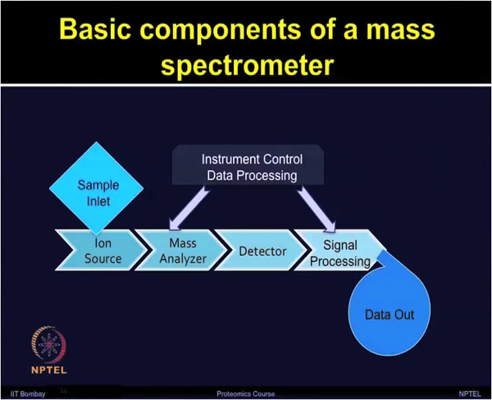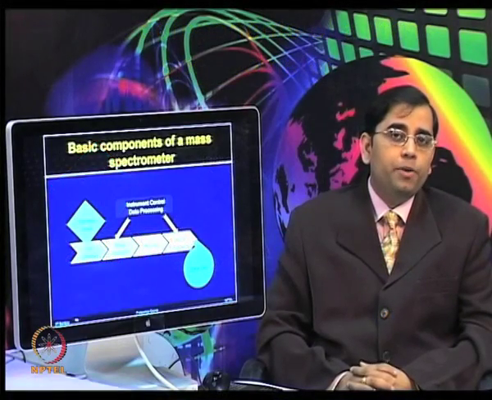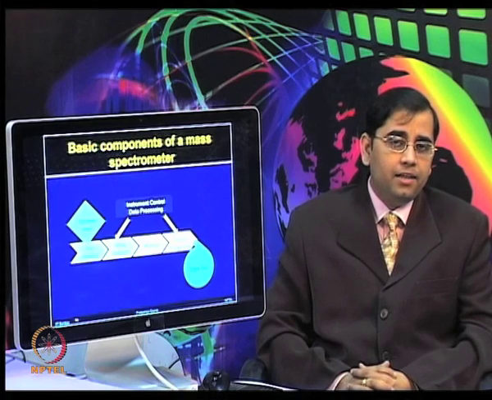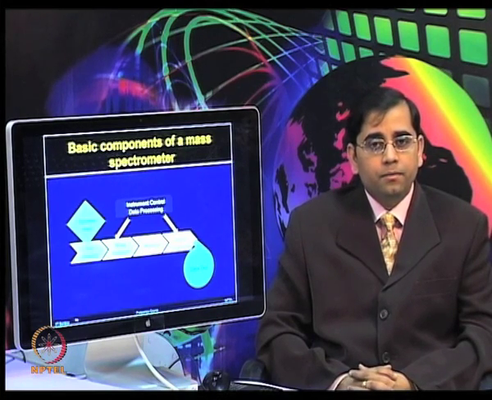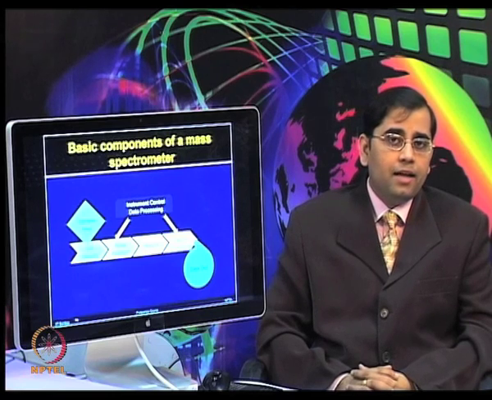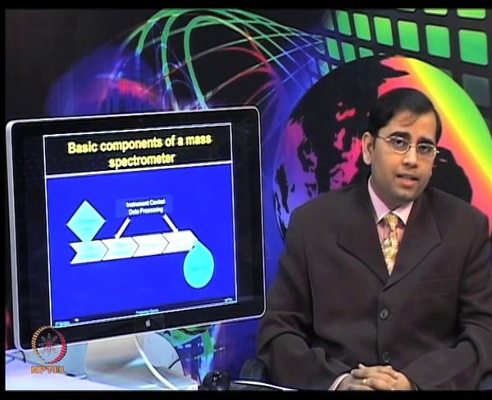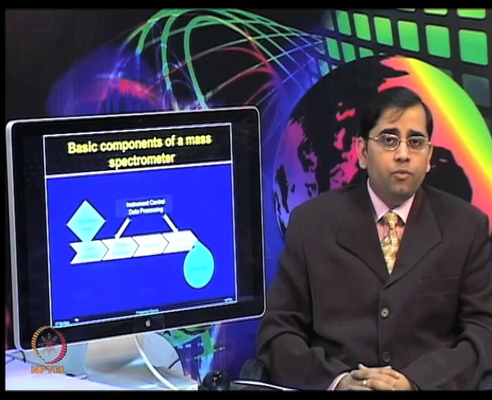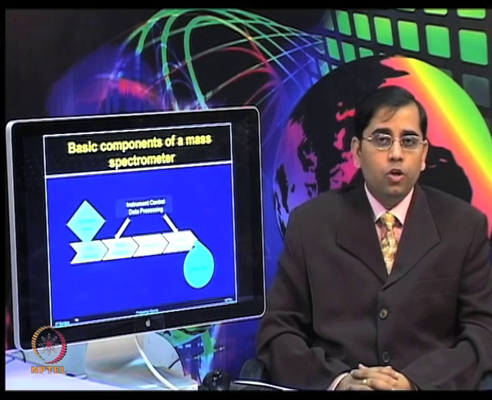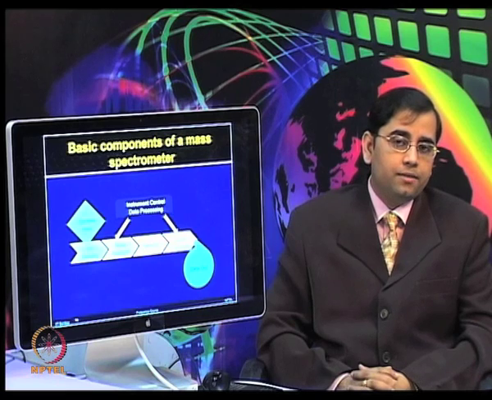There are various types of mass analyzers available, which we will discuss in more detail during the subsequent part of the lecture. Now, one needs to maintain the vacuum condition. A very low pressure is maintained inside the mass spectrometer. The detector measures and amplifies the ion current of mass-resolved ions, and then we need electronics to control the operation of various units.